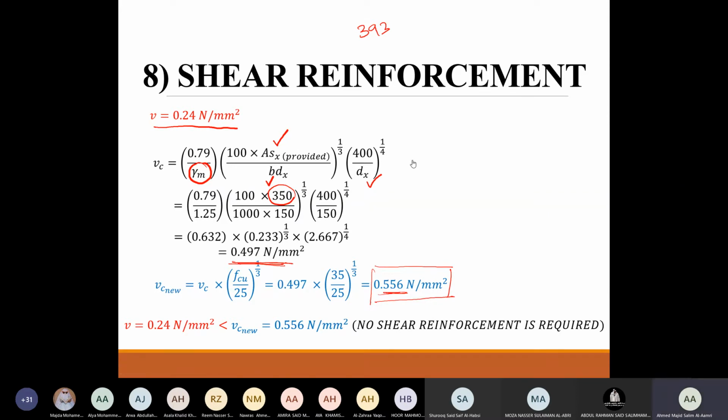So once again, we conclude now. Slabs are going to be singly reinforced, your K value is going to be lesser than K dash. And always for shear reinforcement in a slab, your V is always going to be lesser than vc, so no shear reinforcement is required.